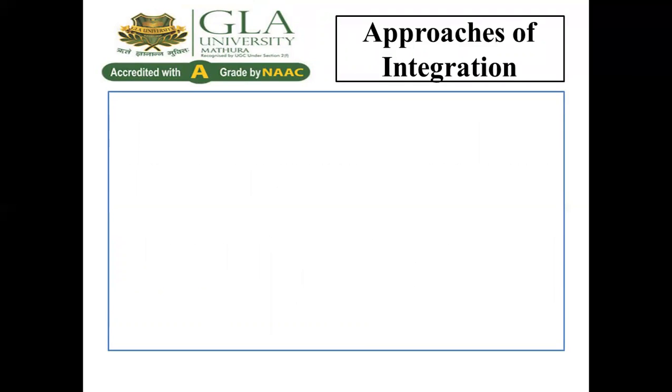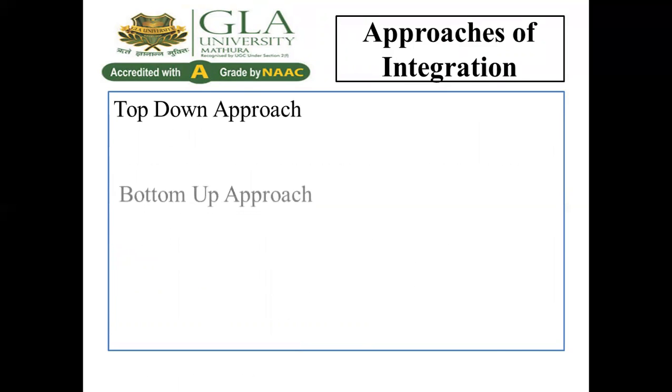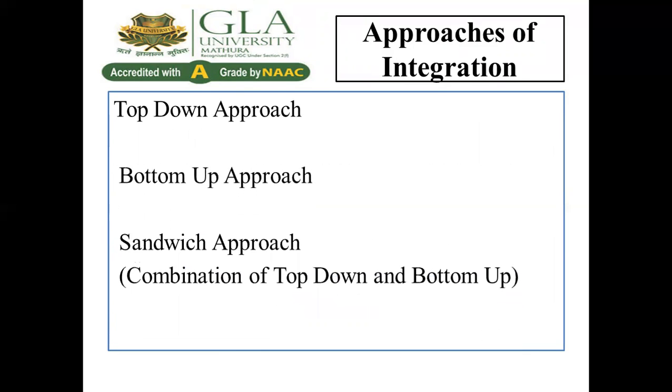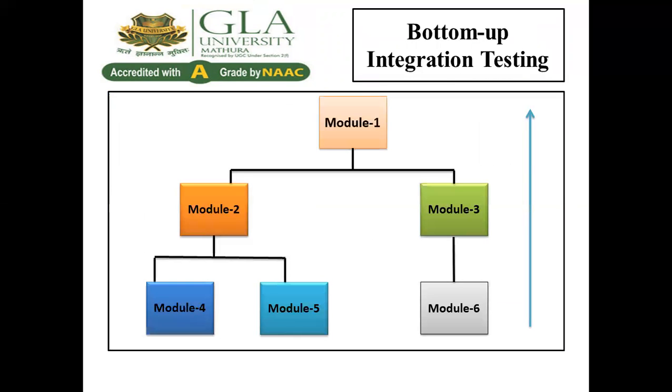There may be different approaches for integration testing. The first one is the top-down approach. The second one is the bottom-up approach, and the third one is the sandwich approach, which is a combination of top-down and bottom-up approaches. We will see all the approaches one by one. The first one is the bottom-up approach. We are moving from the very basic level to a higher level.